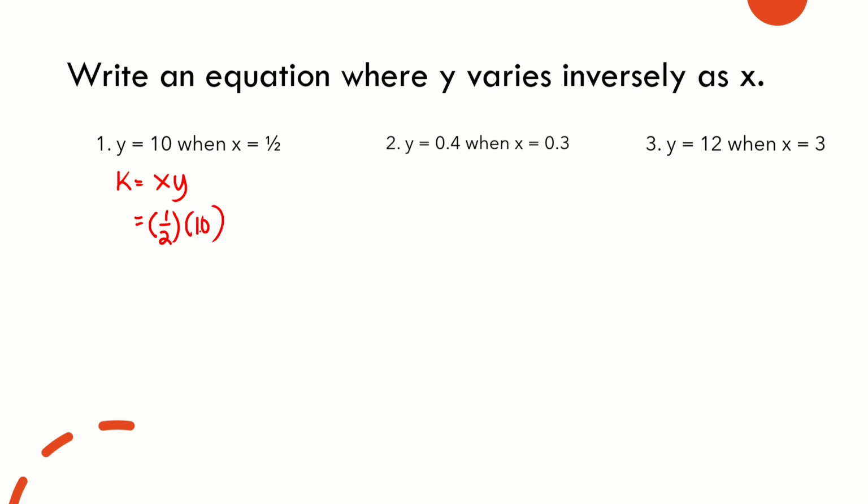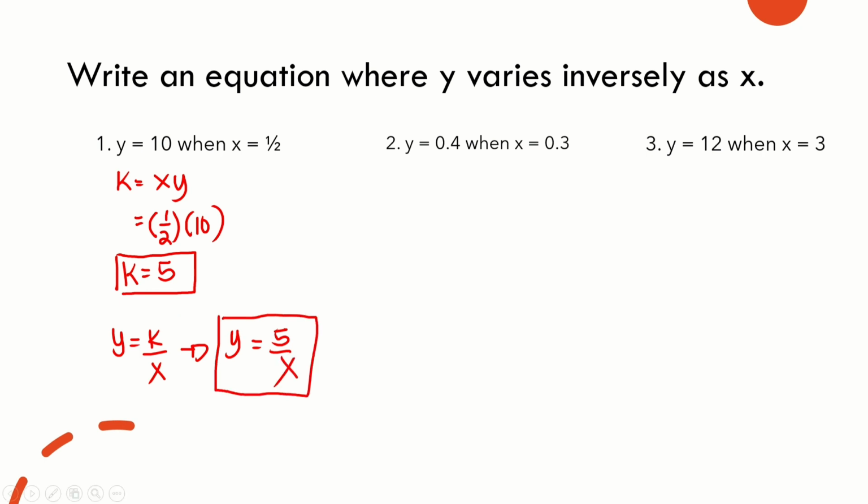So 1 half times 10, our k is equal to 5. Meaning, if we write the equation of variation, y is equal to k all over x, that is now y is equal to 5 all over x. And this is our equation of variation.